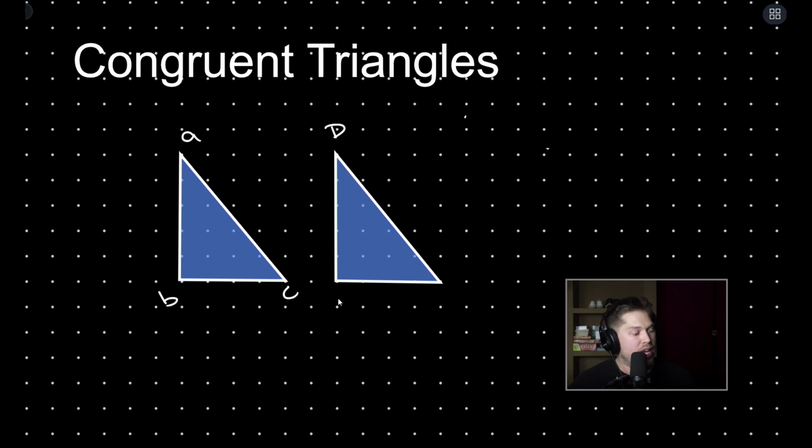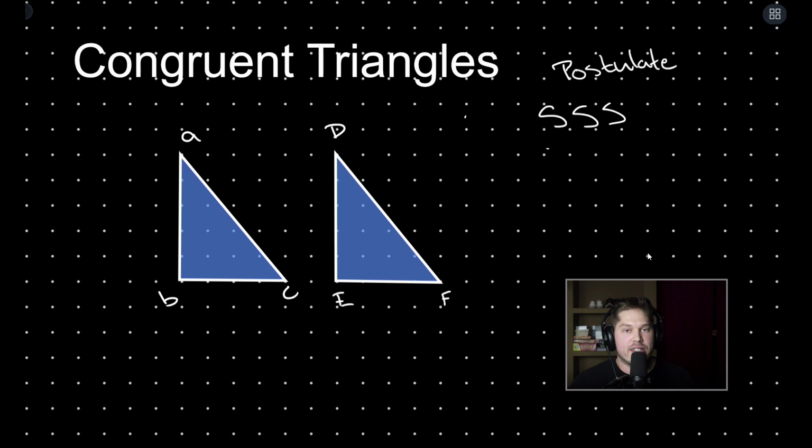So let's talk about that. We still have triangle ABC and DEF. One of these relationships is called side, side, side. And these are all postulates, by the way. So if you're writing them out in your proof and your teacher is very specific, you're going to want to say, by the side, side, side postulate, I know that triangle ABC is congruent to triangle DEF.